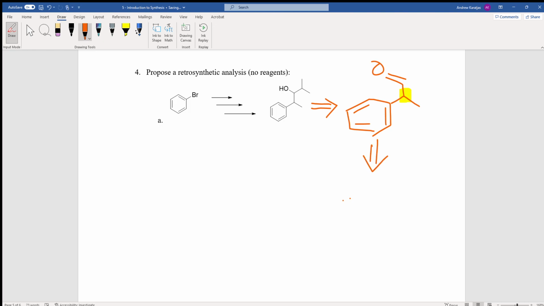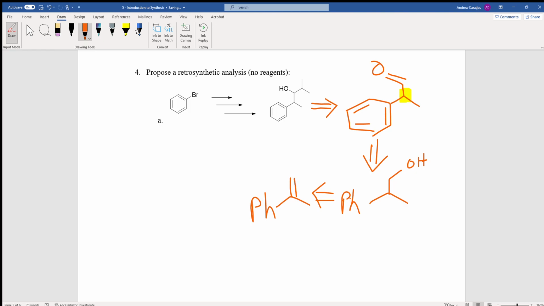So presumably, and I'm just going to abbreviate the aromatic ring with Ph for phenyl, we could have made that aldehyde from an alcohol, and then we could have made that alcohol from an alkene.